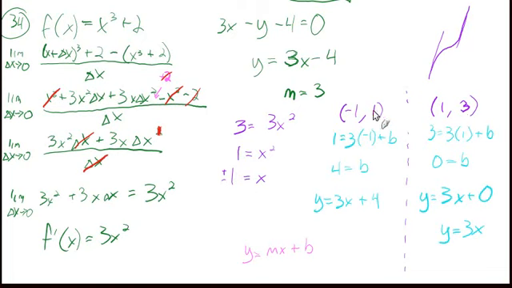And then we go back to Algebra 1 and find a line that goes through this point and has the slope. We put in the y value, the x value, the slope, find b, and plug b back in. And likewise for this other point. So we find these two equations that have this slope of 3 that are parallel to this line.